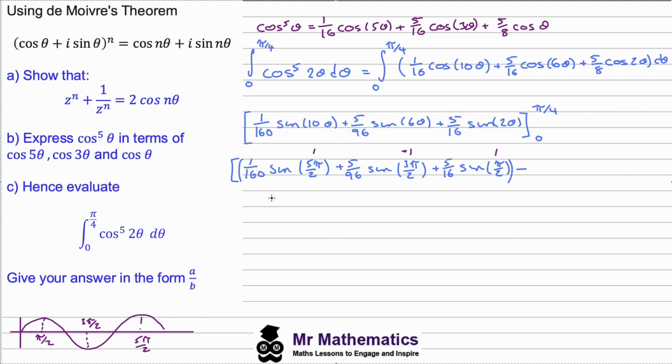So we can work this out as 1 over 160 minus 5 over 96 plus 5 over 16. And then we need to substitute in our lower limit. And when you substitute in 0, each of these becomes 0, and the sine of 0 is 0.